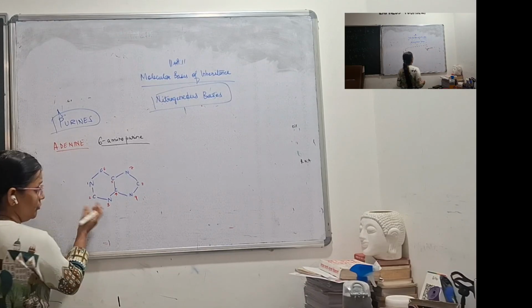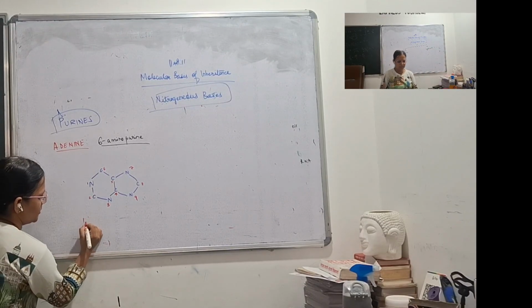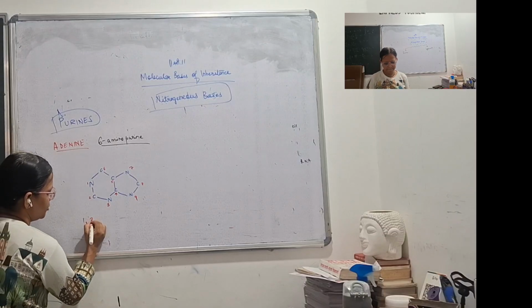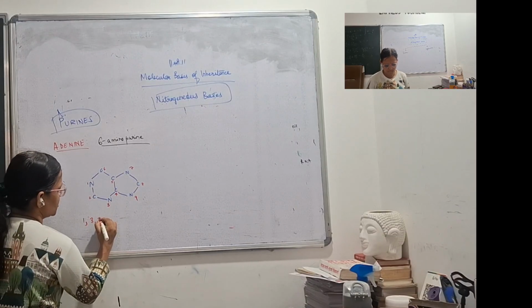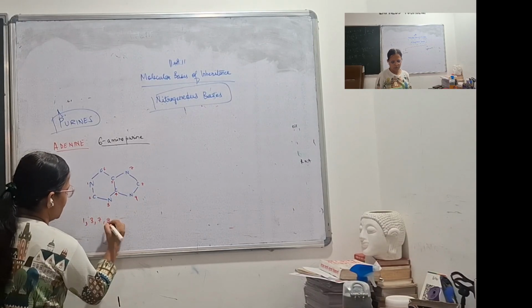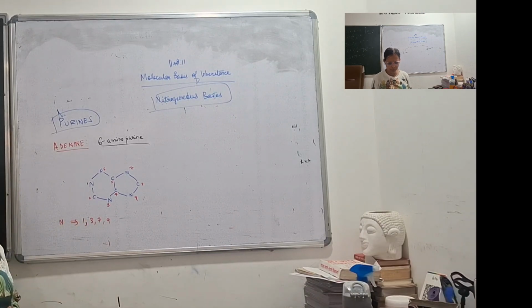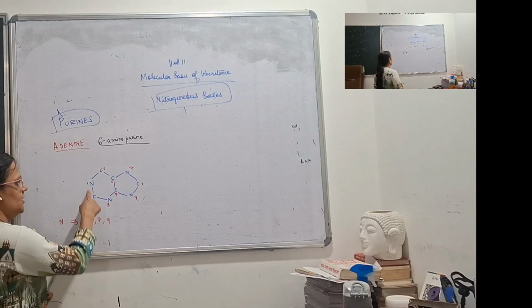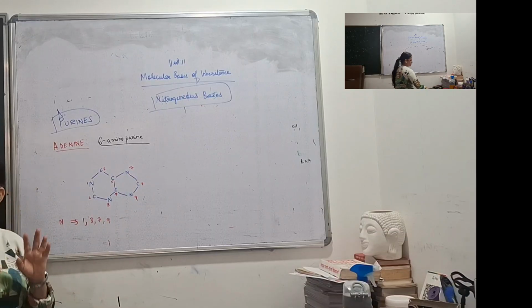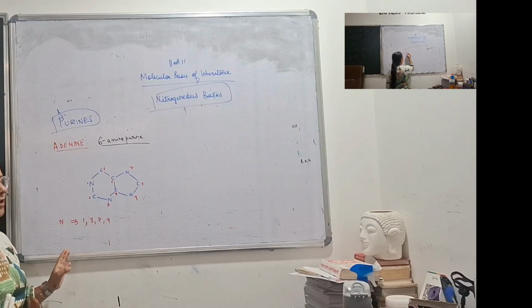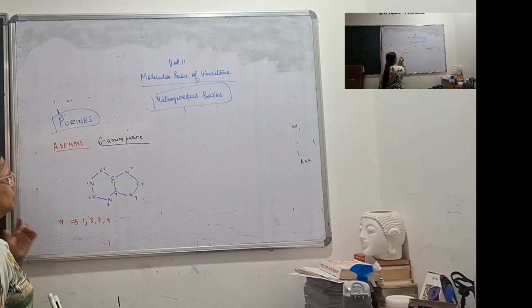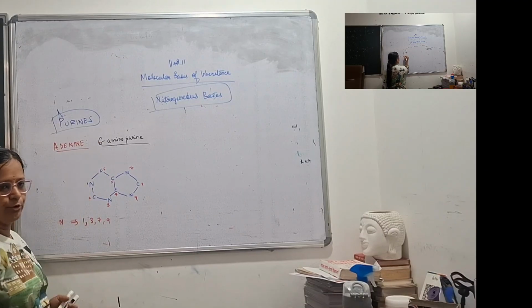Now, you will see that at position 1, at position 3, at position 7 and at position 9, what you are having is a nitrogen atom. So 1, 3, 7, 9 you will put nitrogen, rest all is carbon. Okay. After that, 6-amino purine.